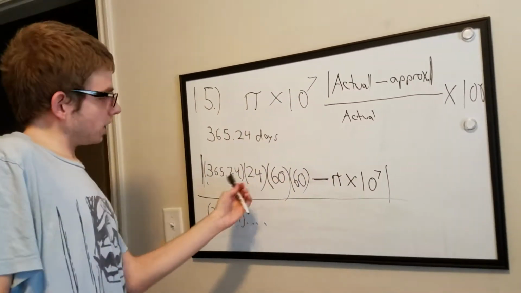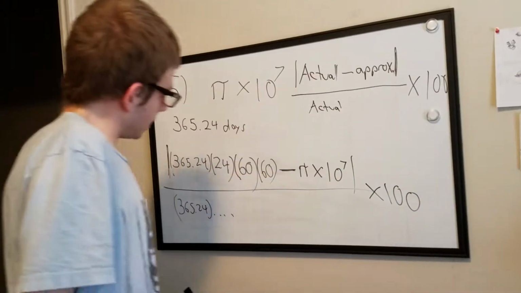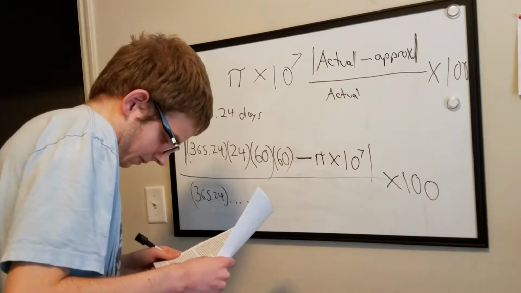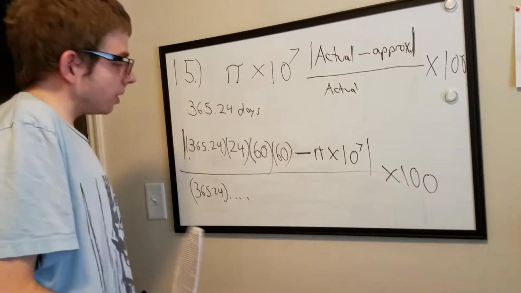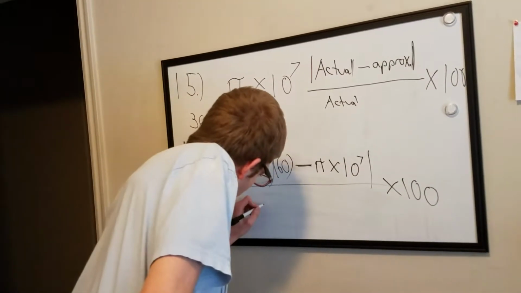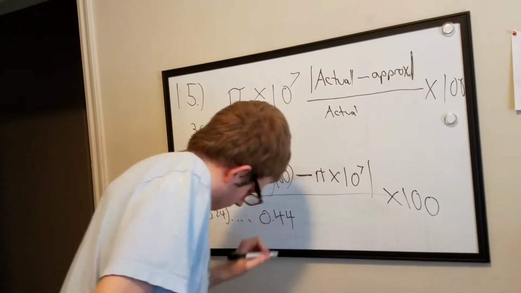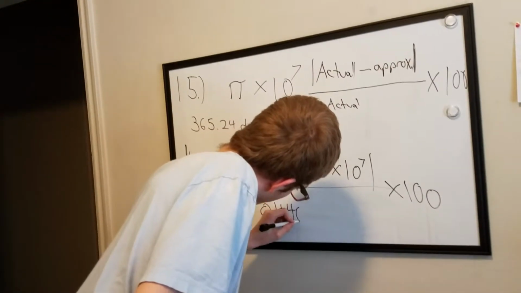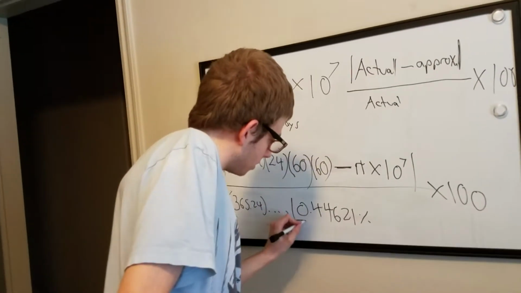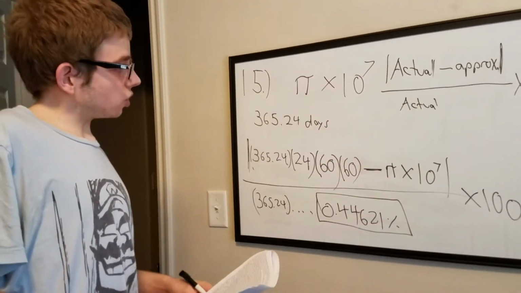So after plugging in all these values and multiplying by 100, while keeping track of significant figures, the percent error comes out to be 0.44621%. And that is the answer to this problem.